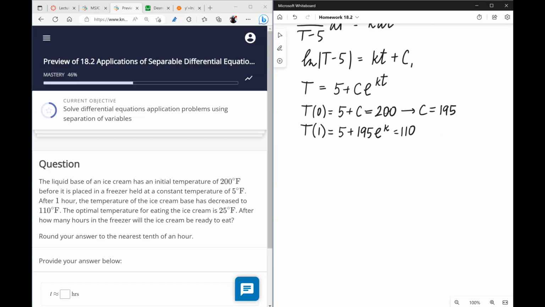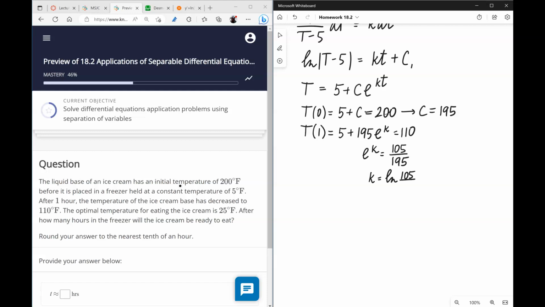Now we can take this equation and solve it. So e to the k is equal to 105 divided by 195, meaning k is equal to ln of 105 divided by 195.